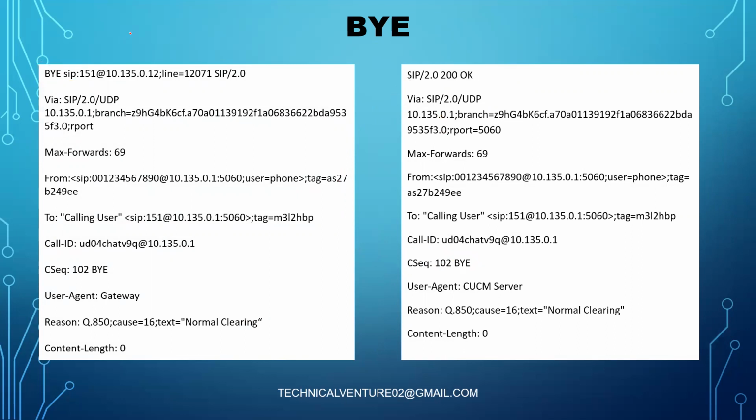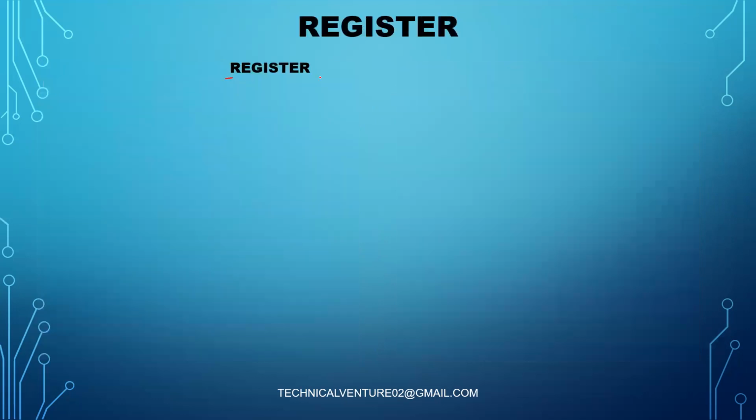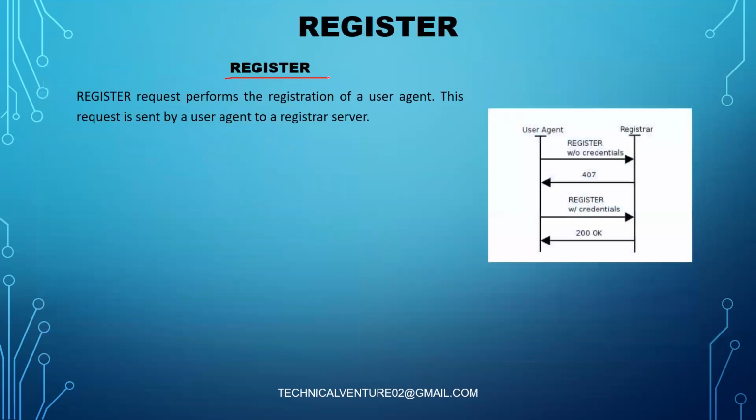Got it? Then we have a REGISTER message. What does REGISTER do? A REGISTER request performs the registration of a user agent, and this request is sent by a user agent to a registrar server. Right now here you can see this is the user agent, this is the registrar server.